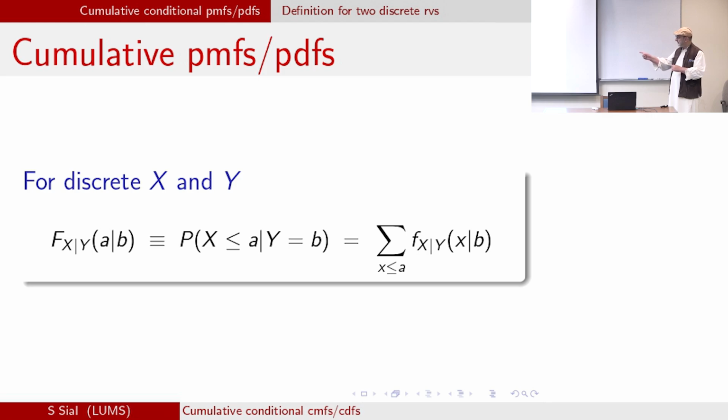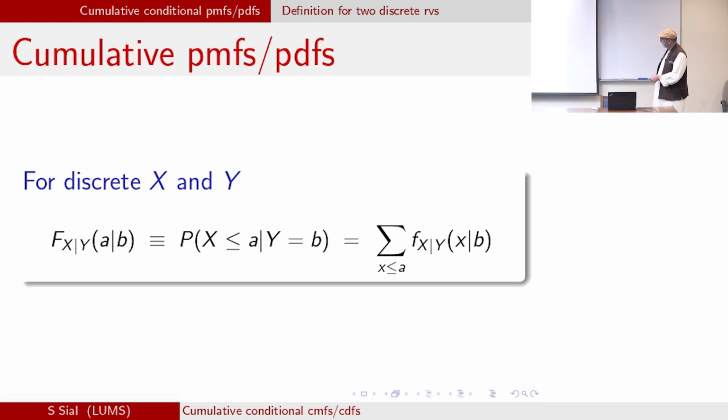The idea of that is, what's the probability that x is equal to a given that y is equal to b? But here, we're writing a capital F. By that, we mean the cumulative conditional mass function. That means, what's the probability that x is taking values less than or equal to a given that y has taken the value b? The probability that x is less than or equal to a given that y is less than or equal to b, that's what this thing is defined to be on the left.